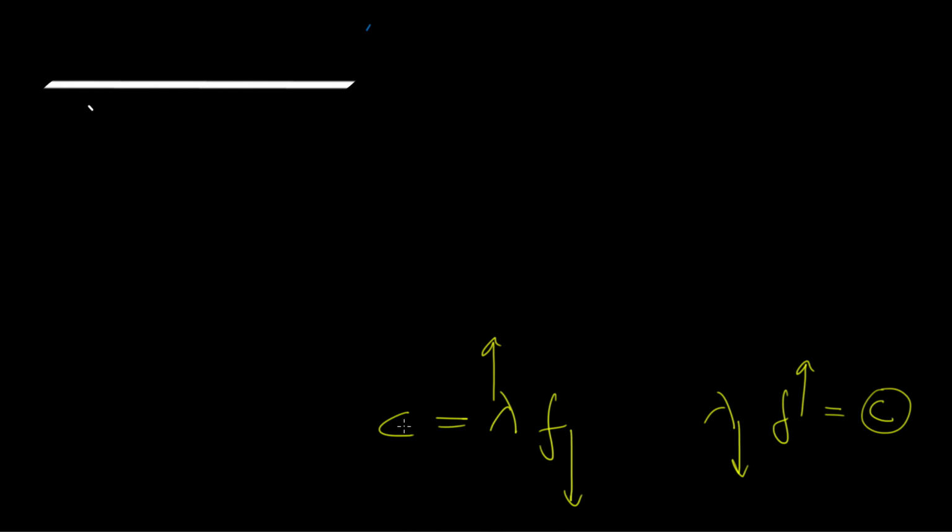What we have learned till now is this formula. If wavelength is high, frequency will be very low. If wavelength is low, frequency will be high, right? Why? Because the multiplication has to be the same. Because it's a constant, right?